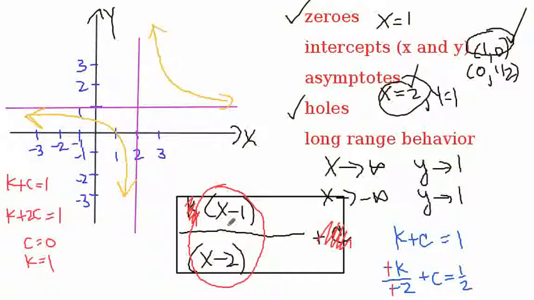Okay, so plug in x equal to 1,000,000, and you will get, yes, something bigger than 1, so that checks out in the first quadrant region. For x equal to a negative number, you have to get a number less than 1, so let's try plugging in x equal to negative 1,000,000, and that'll give you a positive number. It'll be less than 1. So it looks like everything checks out.